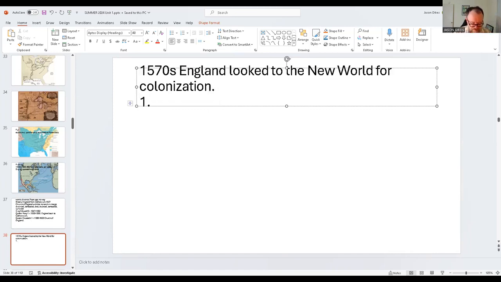First of all, Spain had destroyed Antwerp. Okay, now Antwerp is in the Netherlands, and Antwerp was the capital of the textile industry.